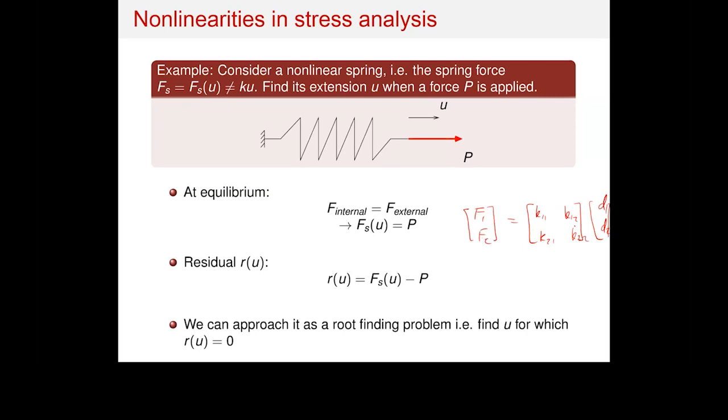These are the forces, and this is the stiffness matrix, and this is what we have in the linear case. If these entries are all constant numbers, then this spring is of a linear behavior.